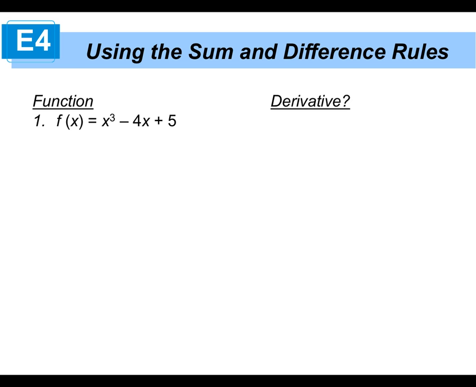The derivative of a sum or a difference is the sum or difference of the derivatives. So it'd be x cubed minus 4x plus 5, correct? Now take the derivative. What's the derivative of x cubed? So use the power rule. 3x squared, right, because 3 minus 1 is 2. Good. What's the derivative of negative 4x?